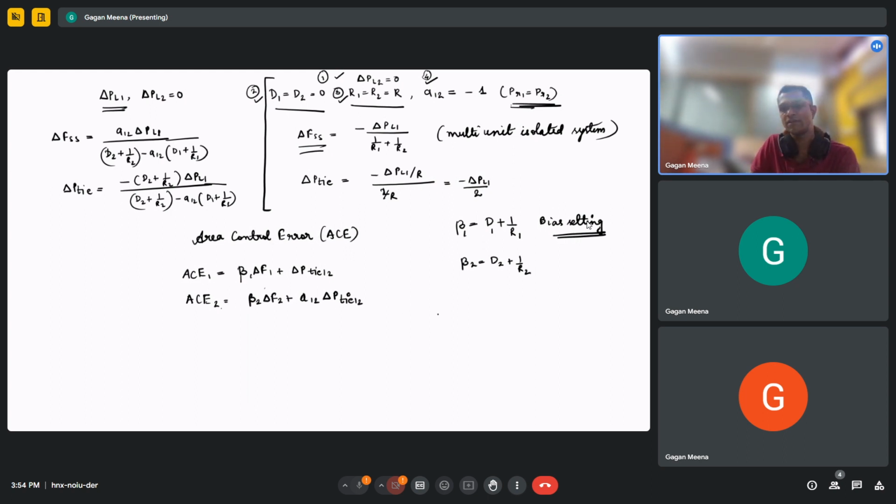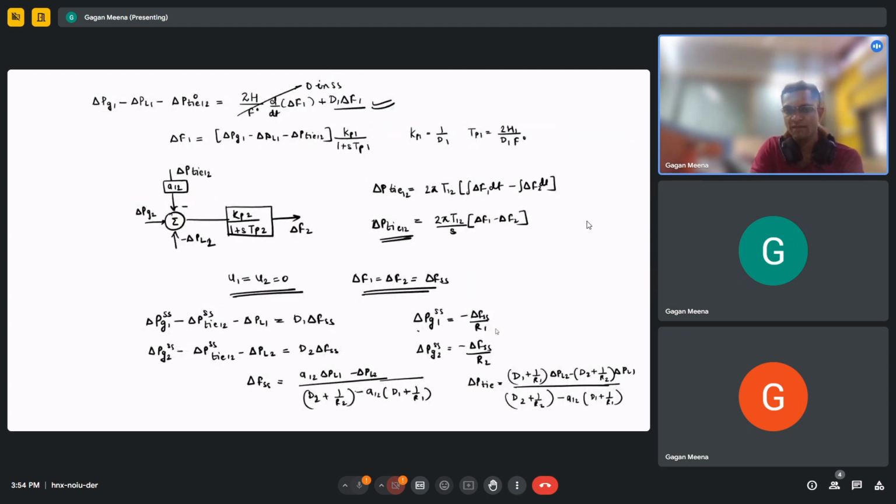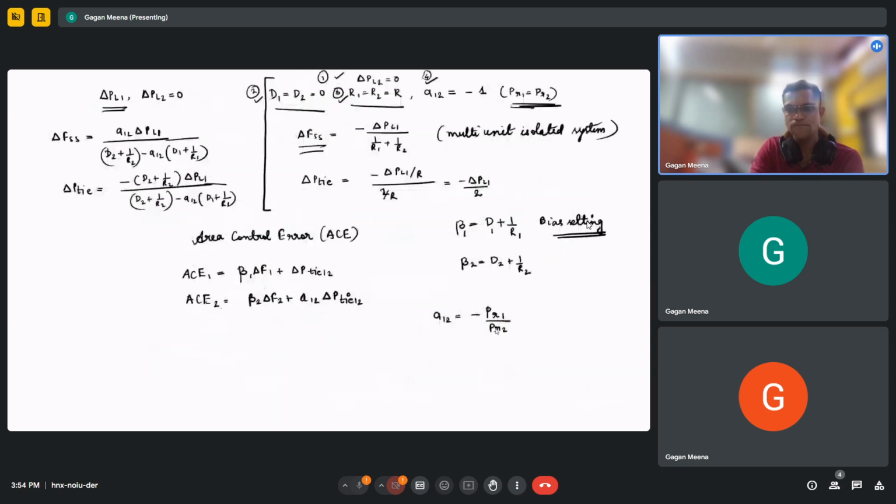A12 is minus PR1 upon PR2. If both are the same, then A12 is minus 1.